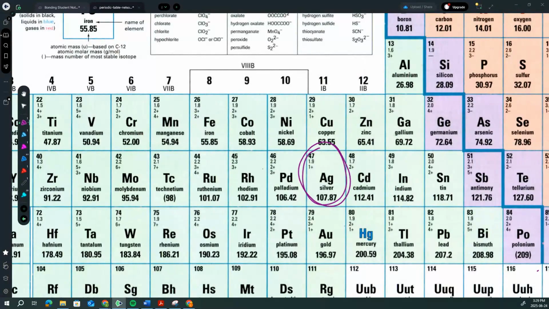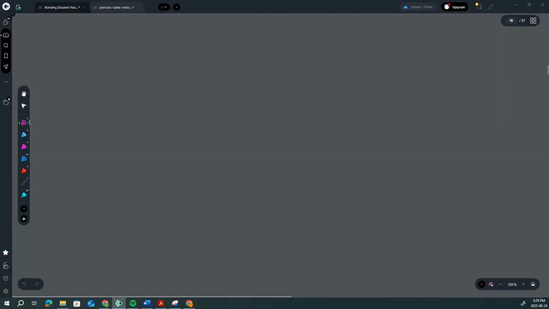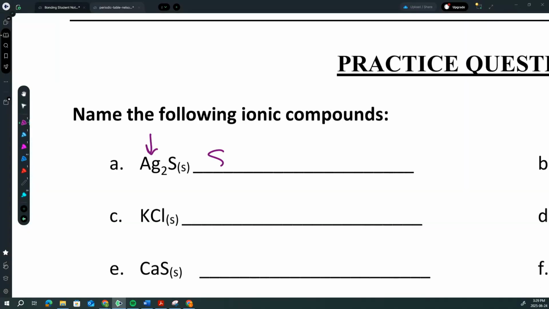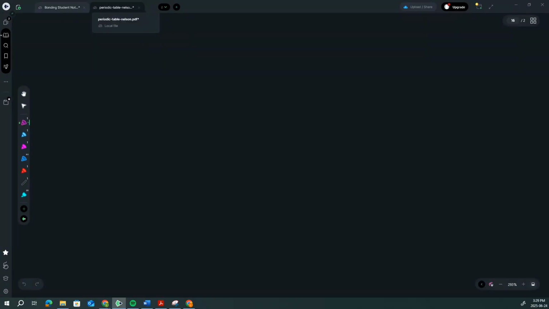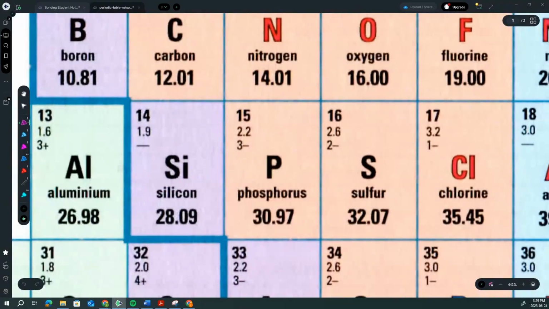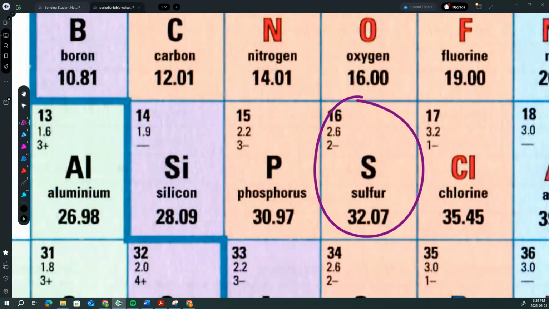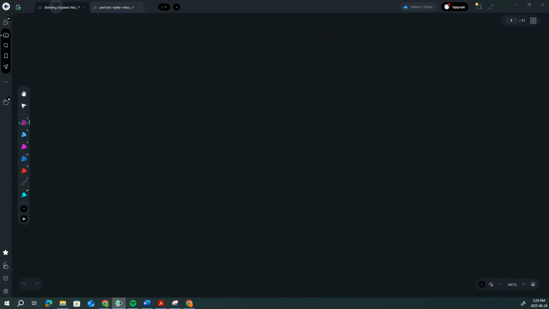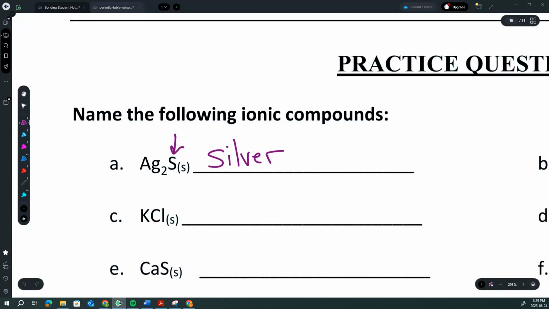That's the symbol for silver. So naming this, I'm going to say silver. And then S is the symbol for sulfur. But remember, we've got to change that ending to IDE. So we're not going to call it silver sulfur, we're going to call it silver sulfide.